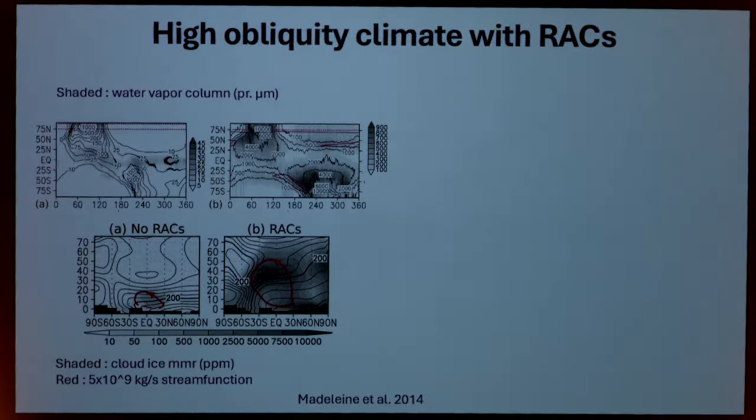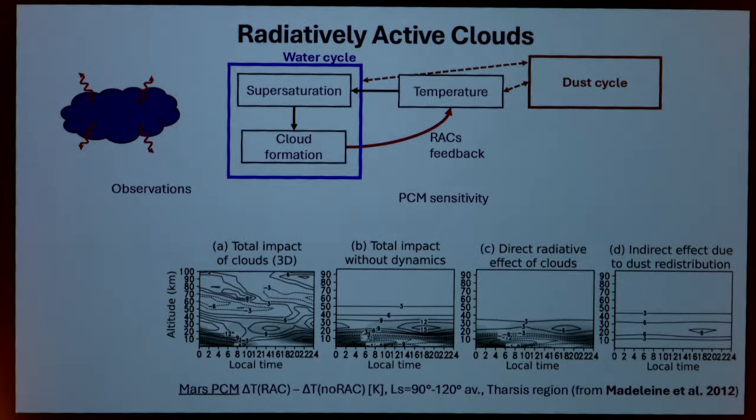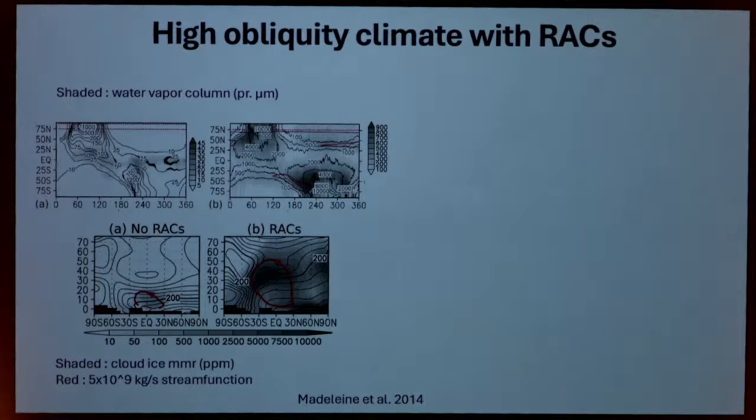But Jean-Baptiste Madeleine, who implemented the radiatively active clouds in the PCM, conducted some preliminary simulations using the radiatively active clouds in 2014. So this is from his paper, where you can compare the effect on the atmospheric circulation and the atmospheric water vapor content with and without radiatively active clouds.